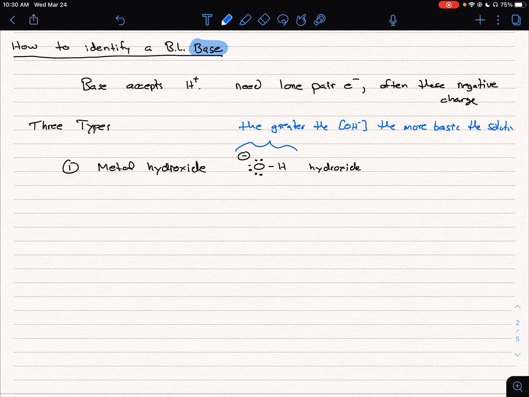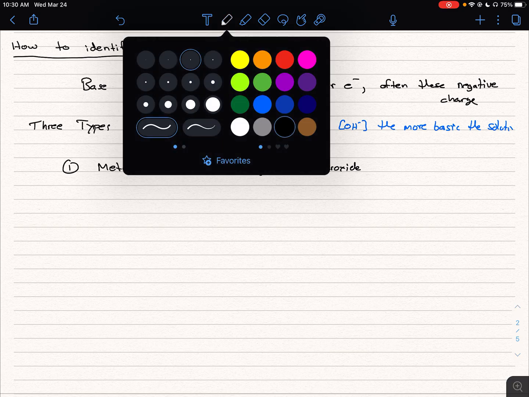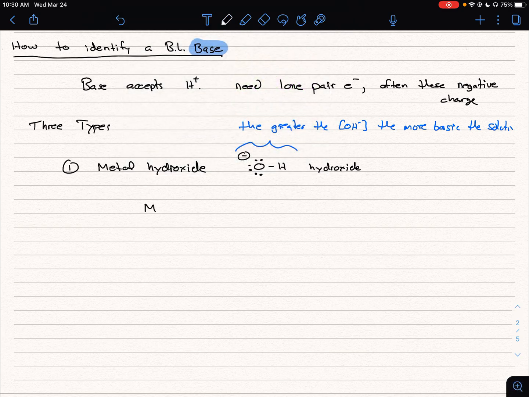And with a metal hydroxide, if you take any metal hydroxide, where M is just metal, hydroxide as a solid, if we dissolve this in water, we're going to get metal plus aqueous plus OH minus aqueous. So metal hydroxides will directly put hydroxide into solution.